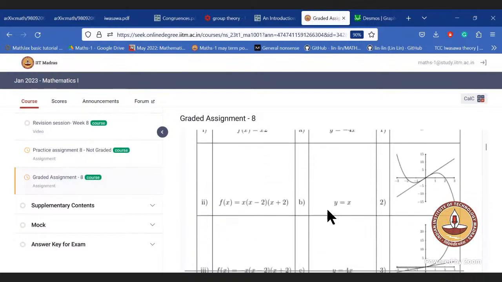I'll be able to differentiate it, right, sir? Yeah, you can differentiate this line. So that condition is satisfied. Can I say that the line itself will be the tangent to that line? Yeah, correct. The line is a tangent to that particular line. That is correct.